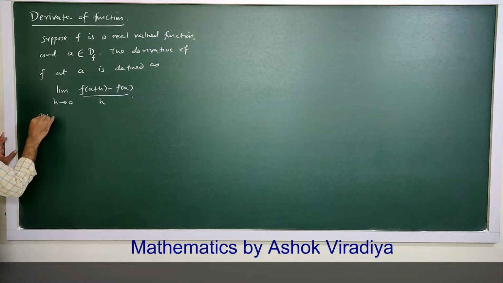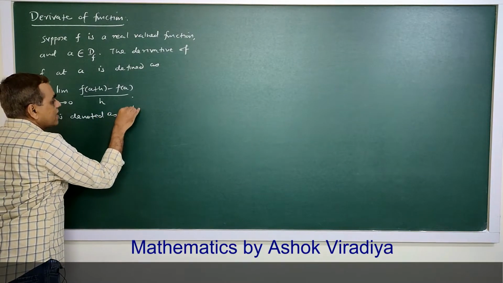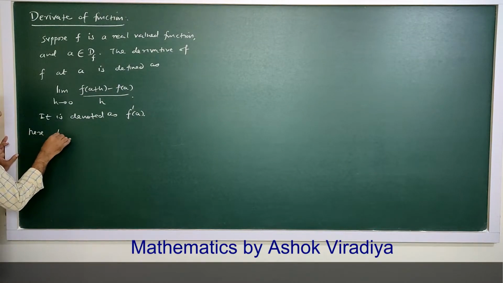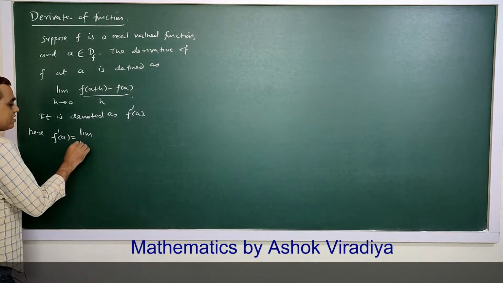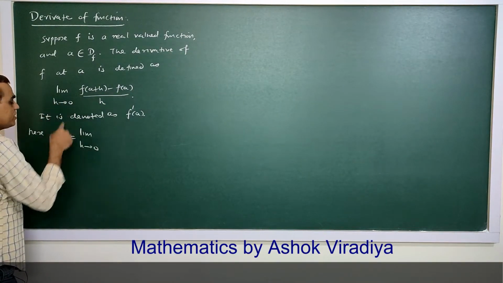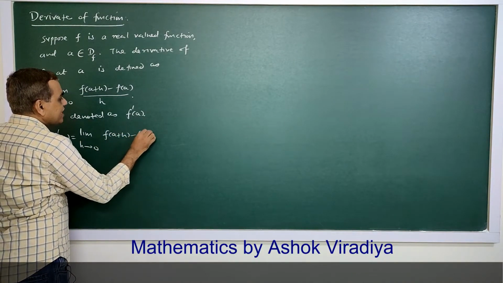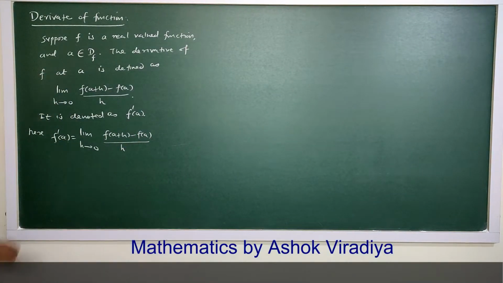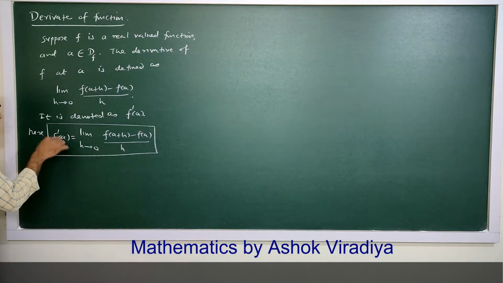It is denoted as f dash of a. So here f dash of a is limit h tends to 0, f of a plus h minus f of a upon h. So this is the definition of the derivative of a function at a.